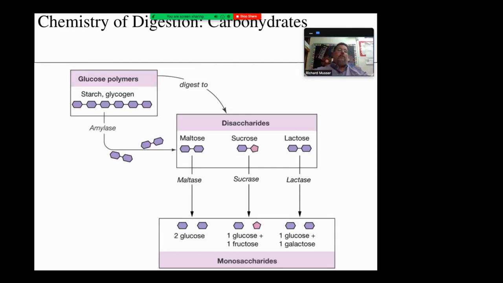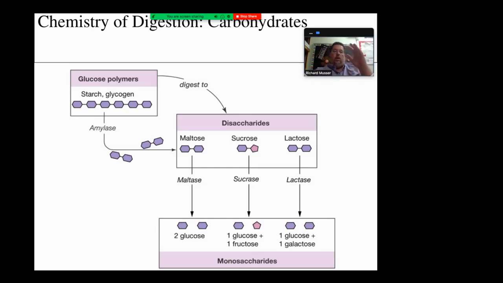Where do we find lactose? Obviously in milk. Some people have trouble digesting lactose, and so they're lactose intolerant because they lack this lactase gene. Some people lose it particularly after they become adults. Sucrase obviously breaks down sucrose into glucose and fructose. We call those monosaccharides.